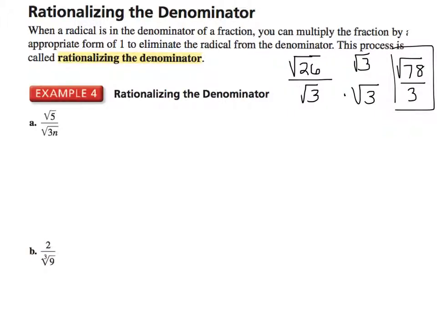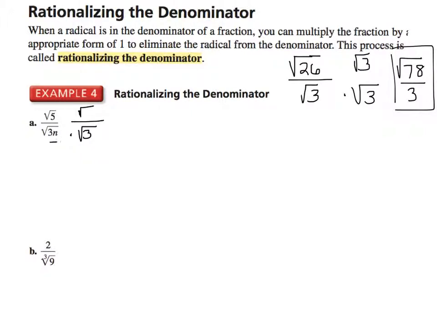So let's do some examples. Example 4, rationalize the denominator. We're going to simplify this. So, this is what I think of in my mind. What can I multiply to the square root of 3 to give me a number I can take the square root of? Well, I want 9, so I'm going to multiply by the square root of 3.